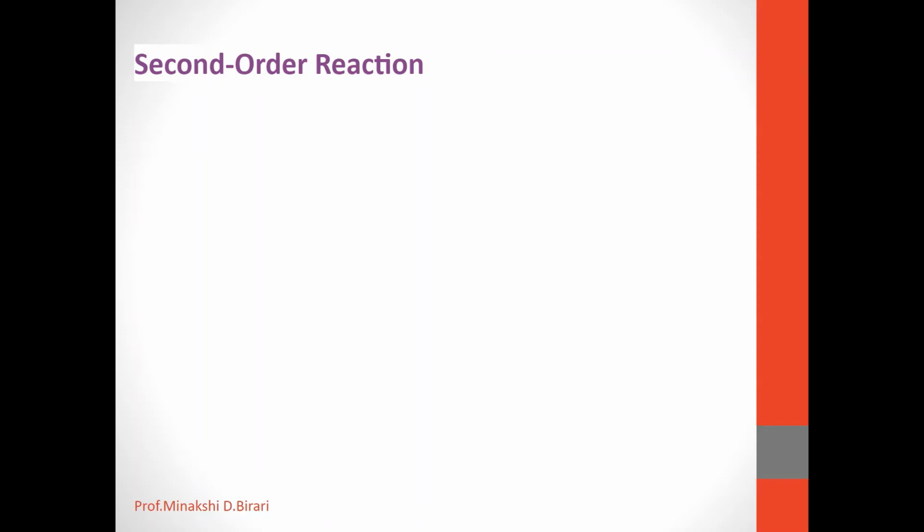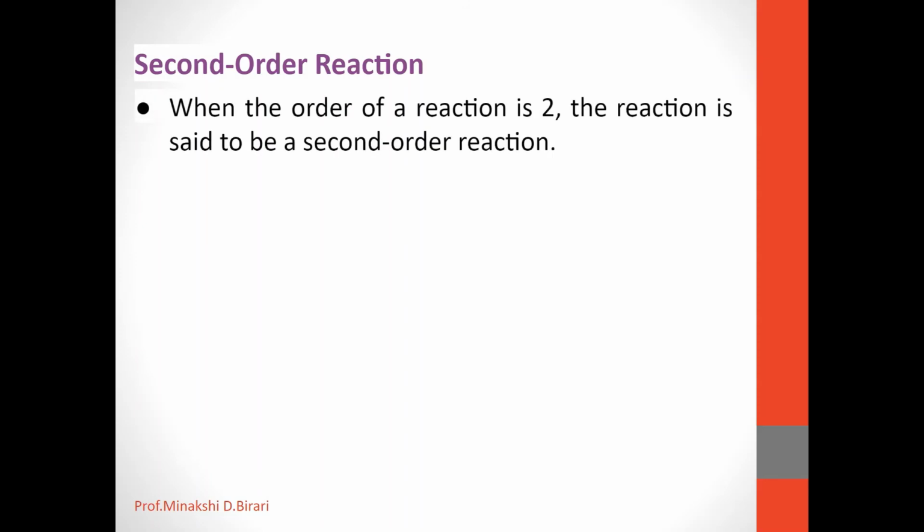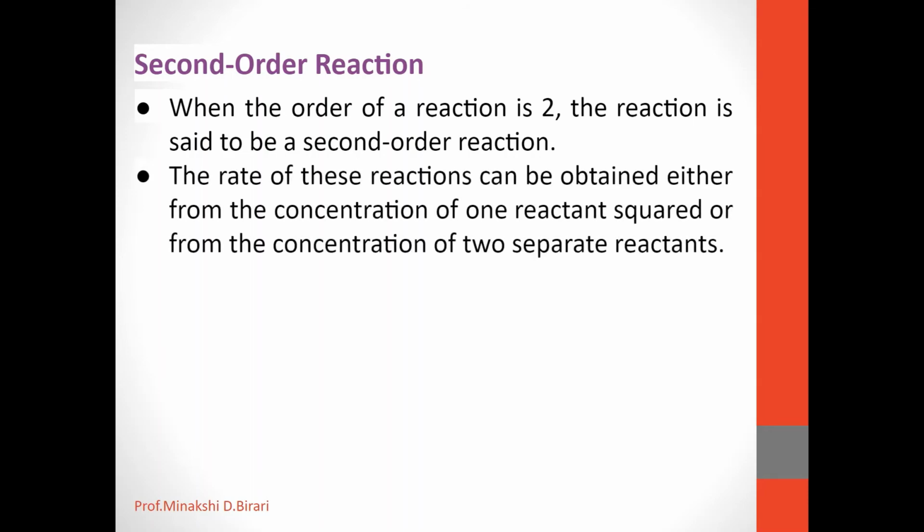Second order reaction. When the order of a reaction is 2, the reaction is said to be a second order reaction. The rate of these reactions can be obtained either from the concentration of one reactant squared or from the concentration of two separate reactants.